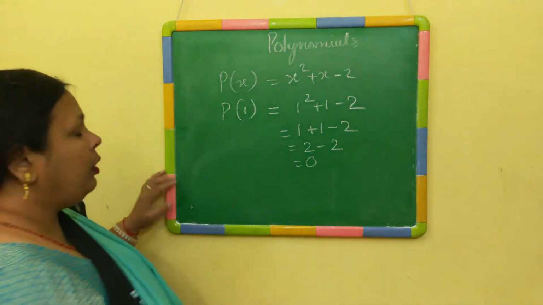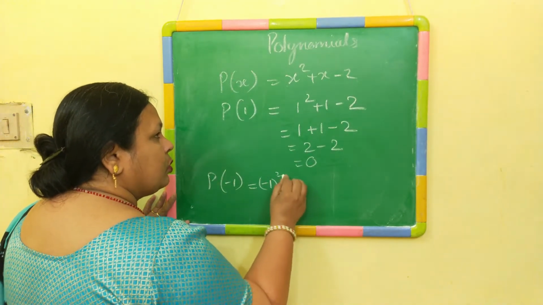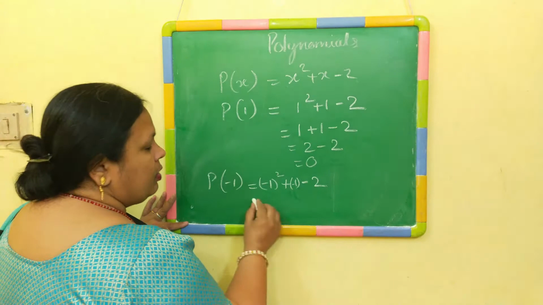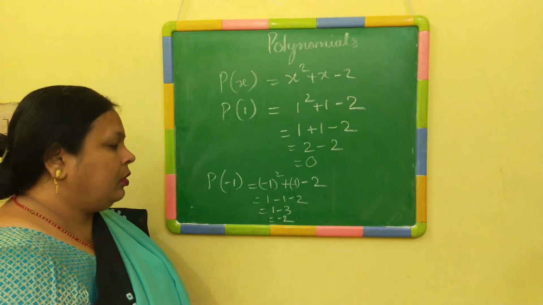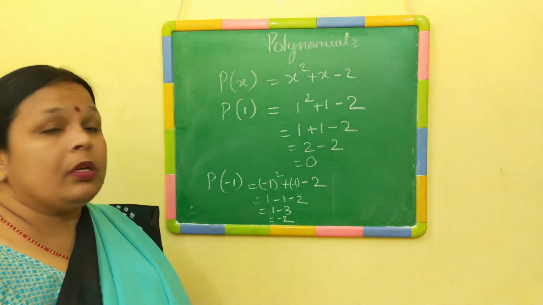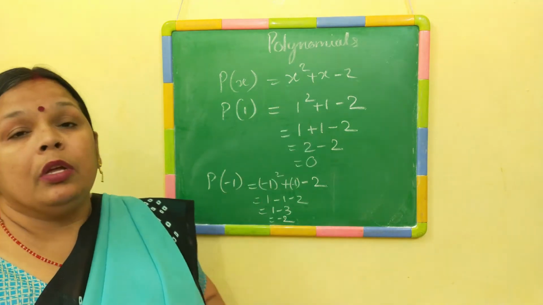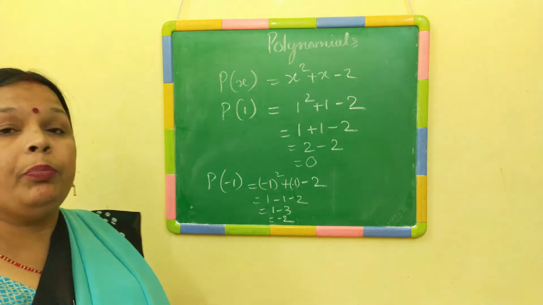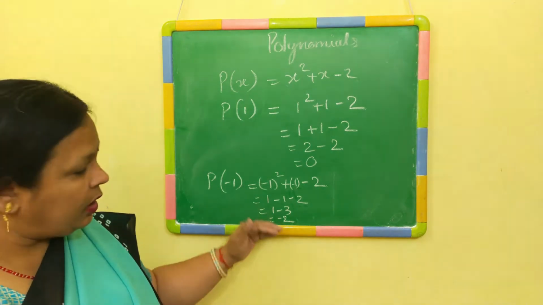Clear? Now what will be the value of p(-1)? It will be (-1) square plus (-1) minus 2, which is 1 minus 1 minus 2, and this is 1 minus 3, that is minus 2. So what I was talking about is, if p(x) is a polynomial, then finding the value of p(1) is just substituting the value 1 for x in x square plus x minus 2, and similarly for p(-1) we substitute the value of x as minus 1 and get the value.